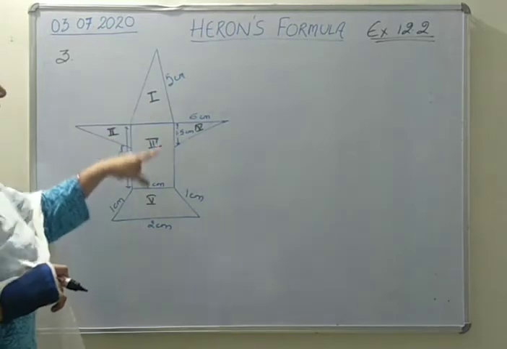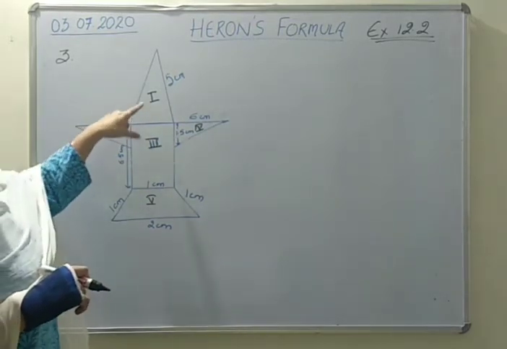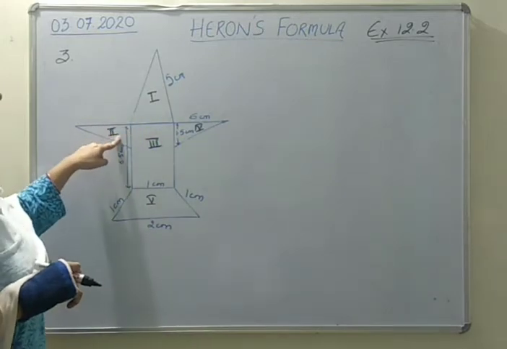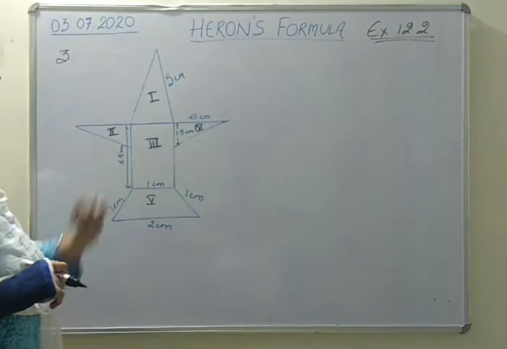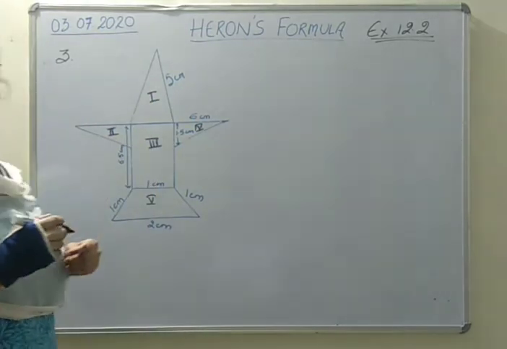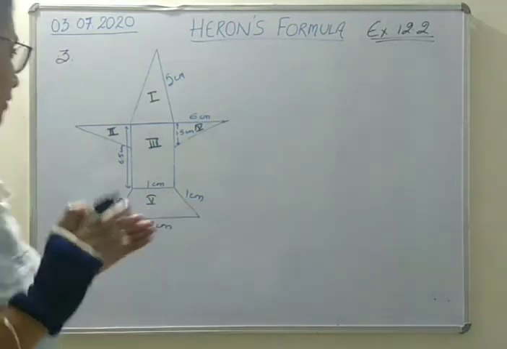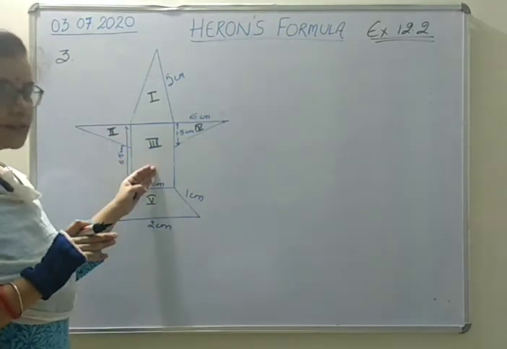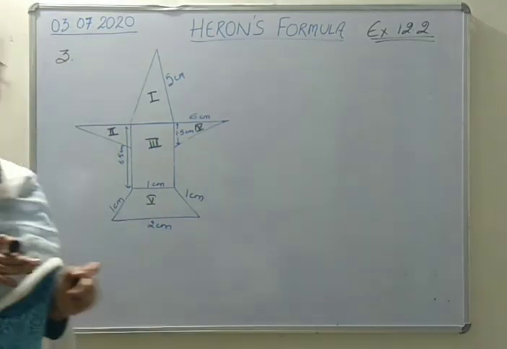So the total area of the aeroplane picture is area of portion 1 plus area 2 plus area 3 plus area 4 plus area 5. Separately we have to find the area of all the different figures, and then we will get the total area of the aeroplane.